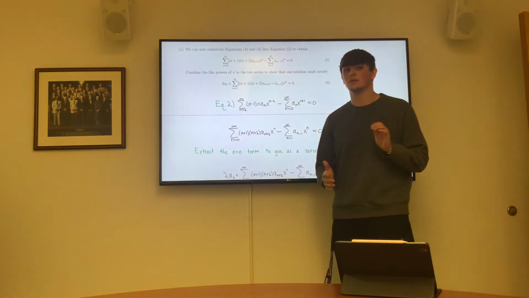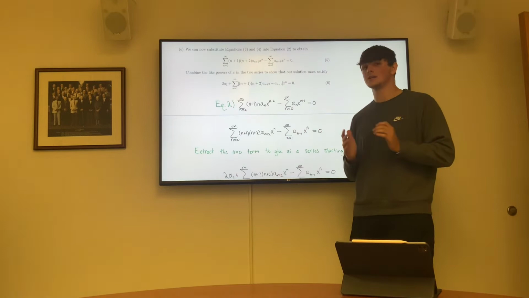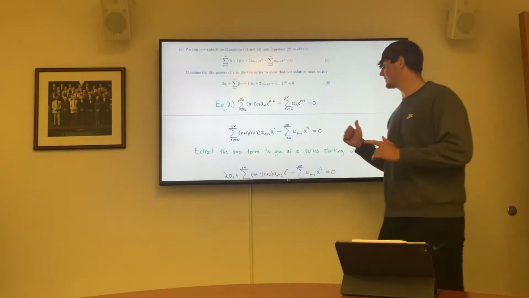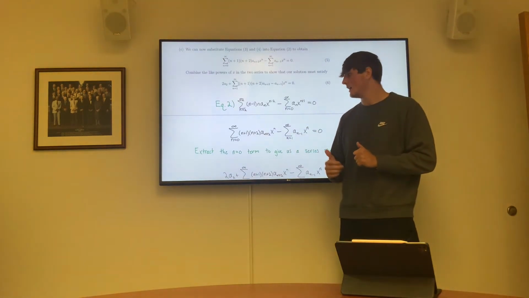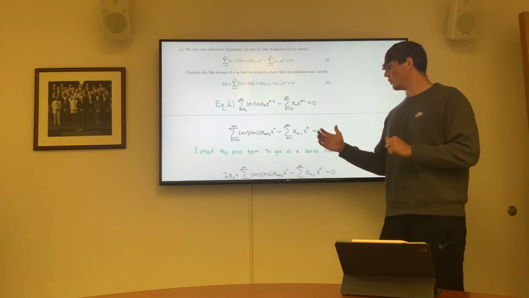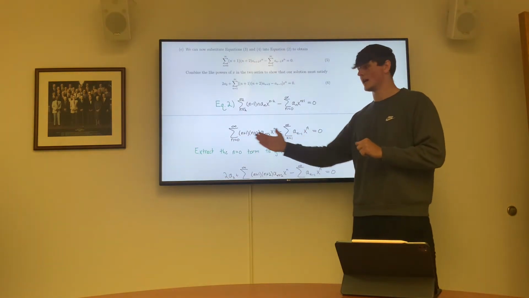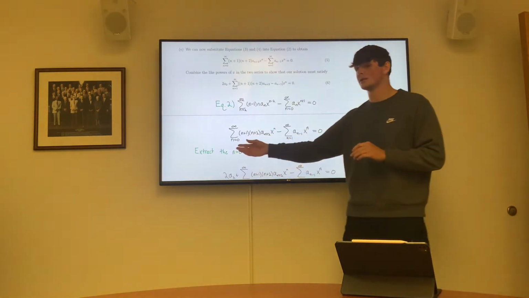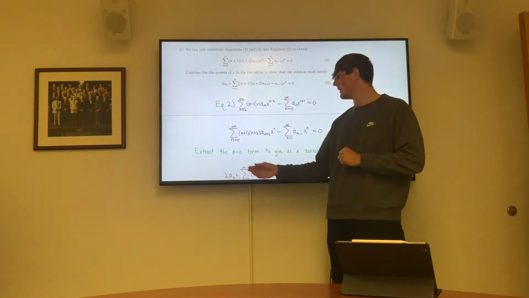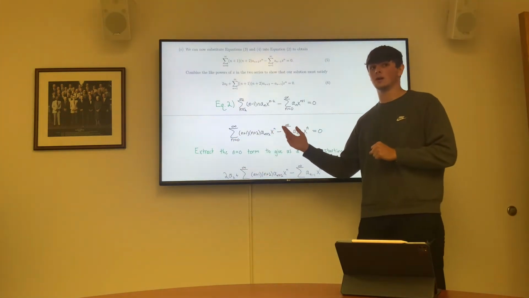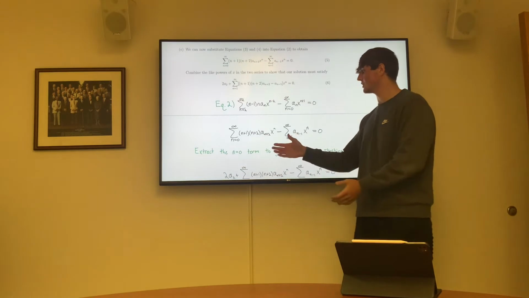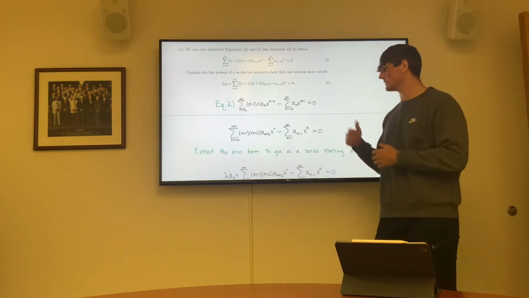Now we want to combine both these series and extract the x to the n. In order to do that, we can't change the index again, because if we were to change this index to n equals 1, this would give us x to the n minus 1. We don't want that. We want to be able to extract these x to the n's.